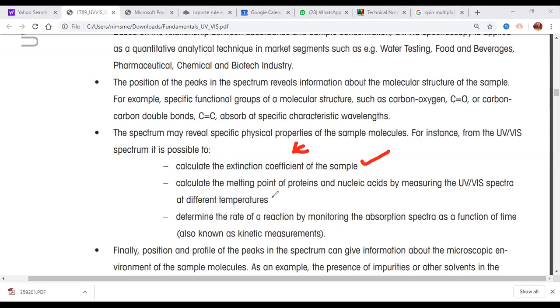We can also determine the rate of a reaction by monitoring the absorption spectra as a function of time, also known as kinetic measurements.